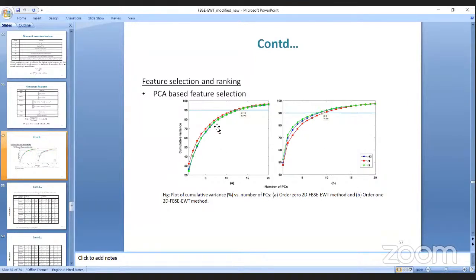Similarly, this is for the order 0 two-dimensional FBSE method, and for the order 1 two-dimensional FBSE method, the number of principal components is 9 to have 90% cumulative variance. So these many principal components have been selected instead of all principal components, and the feature selection has been done with the principal component analysis method for the order 0 and order 1 two-dimensional FBSE methods.